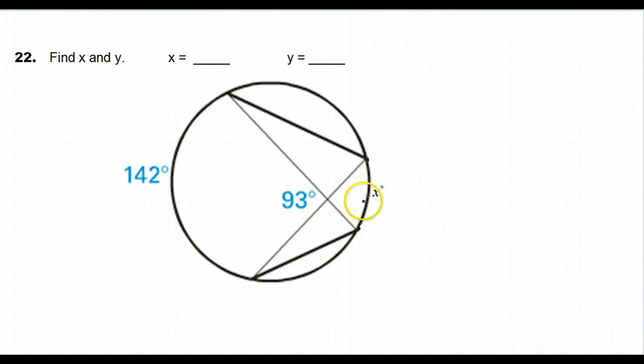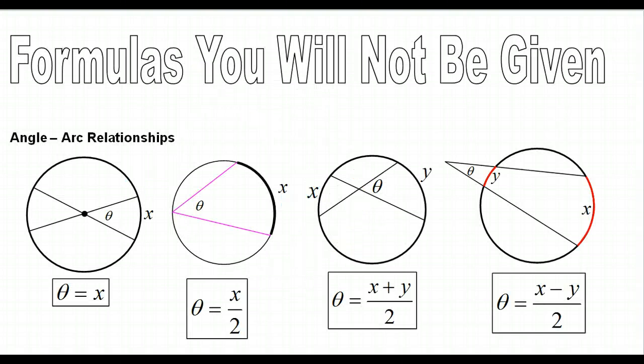What situation are we in? Well, remembering our formulas, we are in the third situation where the vertex is in the interior of the circle. And we know that the angle is equal to the arc plus the arc divided by 2, the average of the two intercepted arcs.